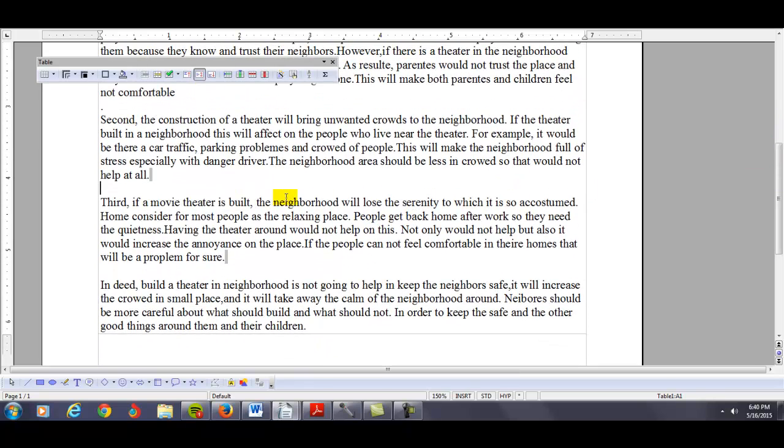I think we have it. Now, you understand my grammar here? What I'm saying is the neighborhood will lose its serenity. Then you have which means the neighborhood is so accustomed to this serenity. That's kind of what that means. So that's kind of the grammar I'm using here.